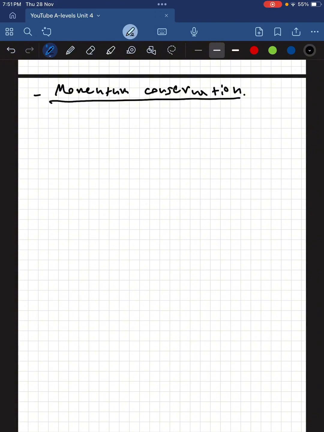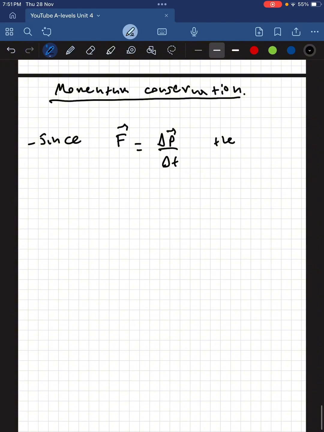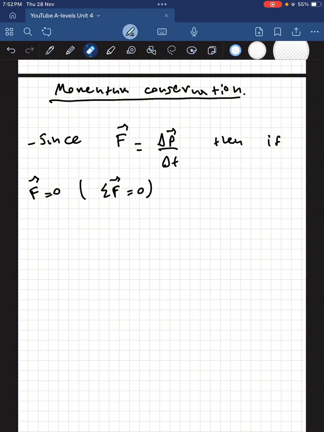So since F is delta P over delta T, then if F is 0, sometimes you see it as sigma F, the sum of all forces, so maybe it's better to write sigma F there, but it's okay.